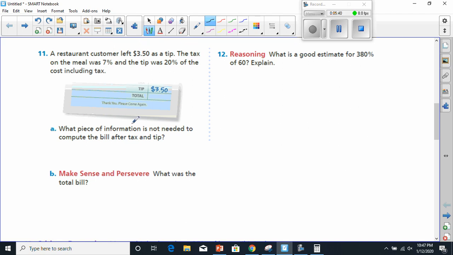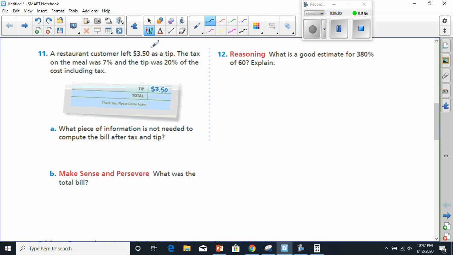We need to know how much they left. The tax on the meal was 7%, and the tip was 20% of the cost, including the tax.